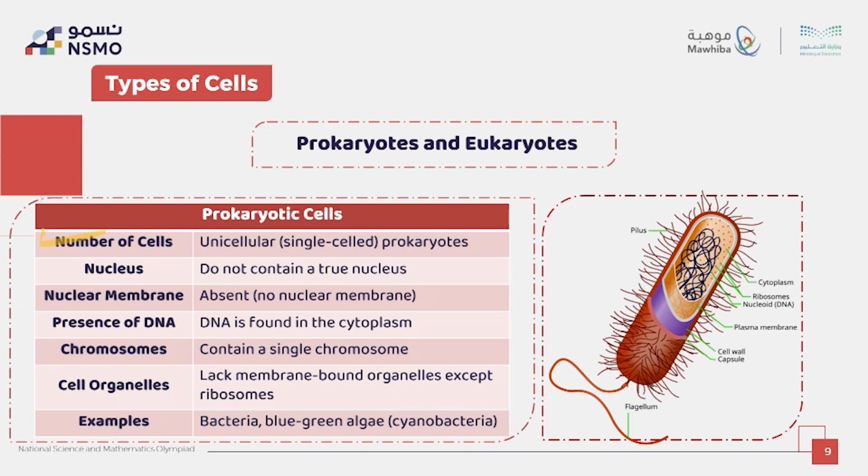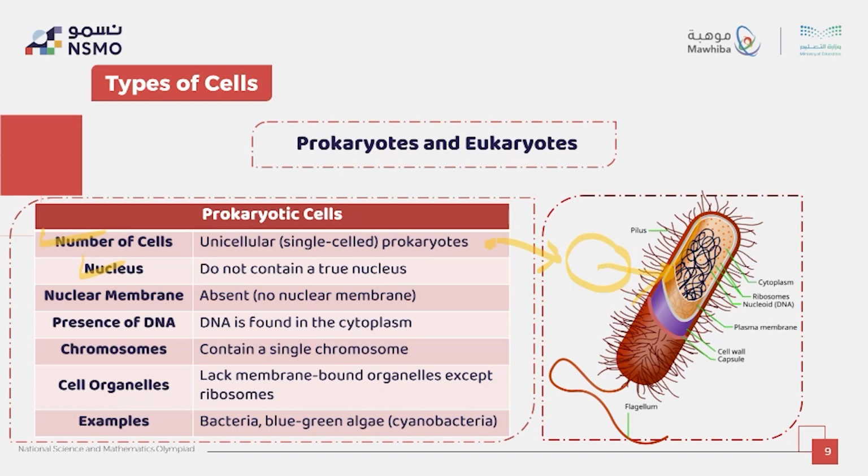The prokaryote has only one cell, like bacteria, so we call it unicellular, meaning they consist of only one cell. The second one, the nucleus: they don't have a true nucleus, and because of that the DNA appears in the cytoplasm. Their DNA is not protected inside a nuclear membrane.